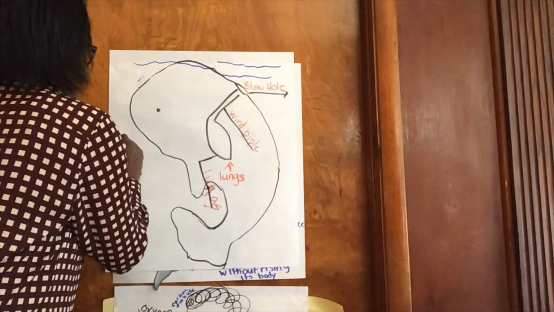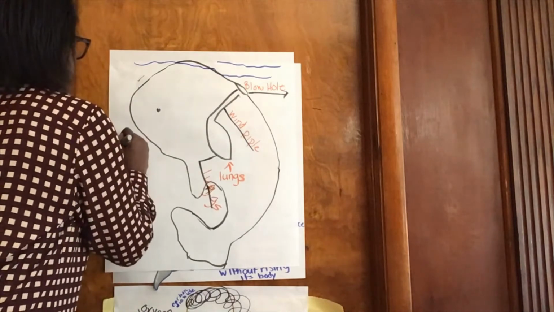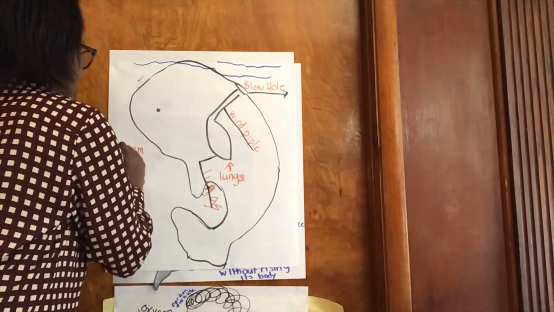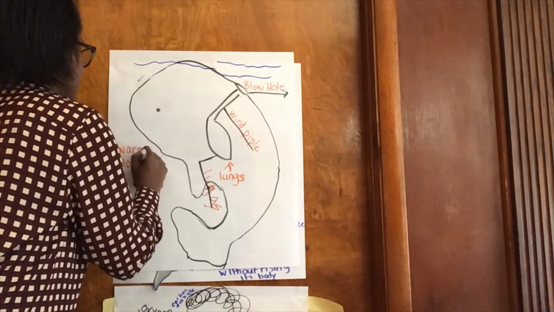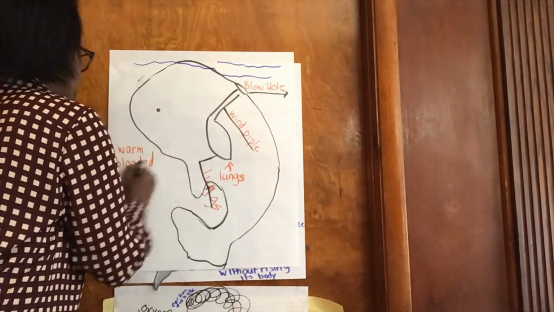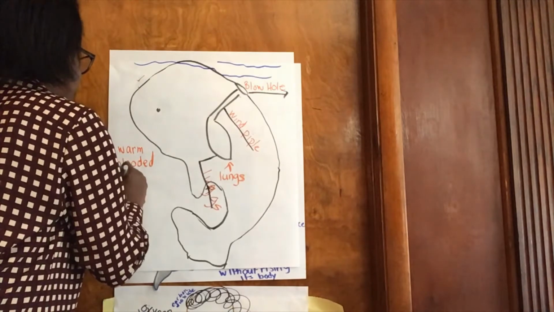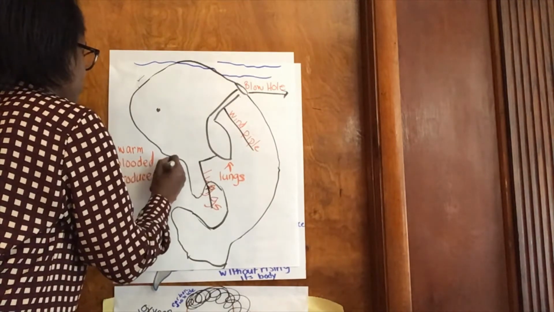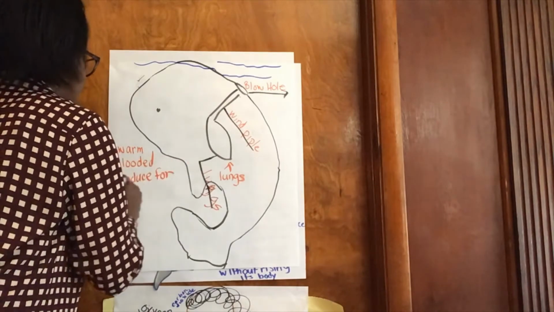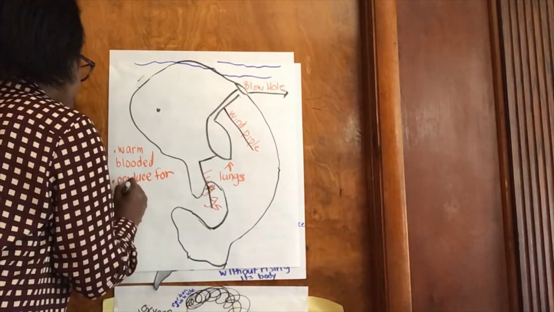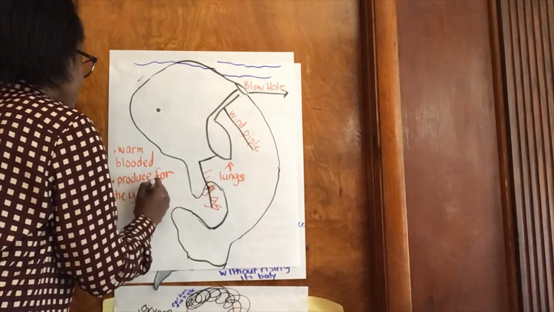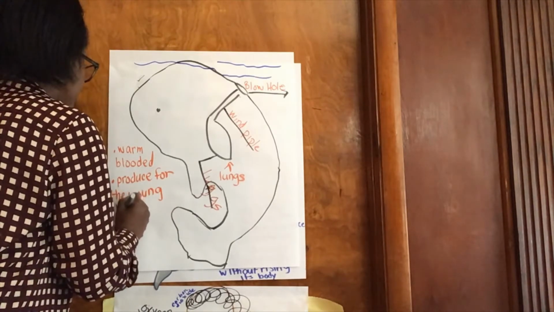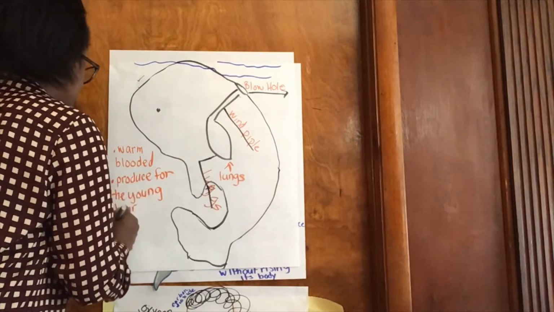So just to recap, a whale is a mammal, and a mammal is what? Warm-blooded, they produce milk, the females do, for the young. They have hair at birth. They have live birth.